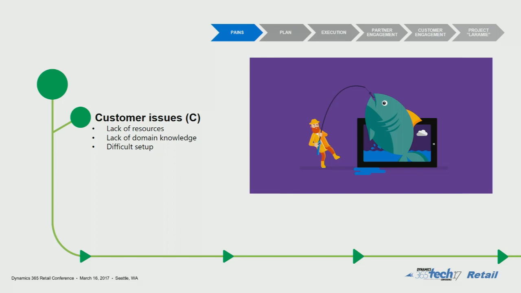So the first thing we looked at is customer issues and how can we address those. So for our customers, there haven't always been a lot of resources around what devices to use, how to set them up, things of that nature. And then there's not consistency across manufacturers. So for the customers, they have to relearn everything every time they change devices.